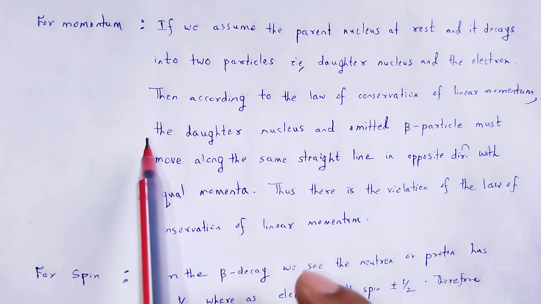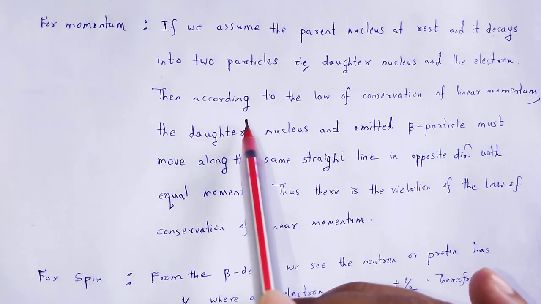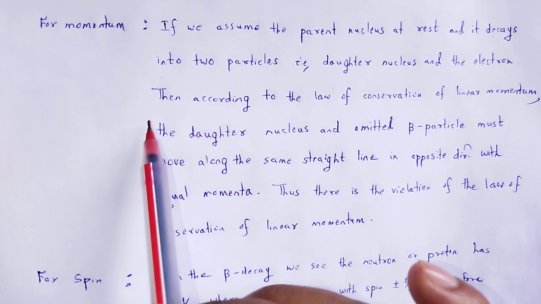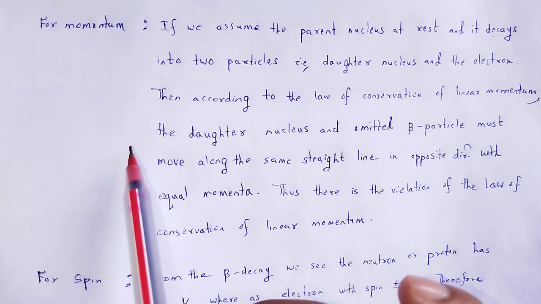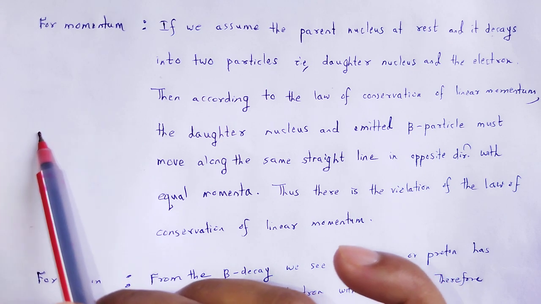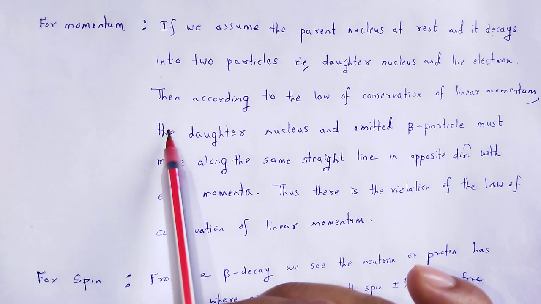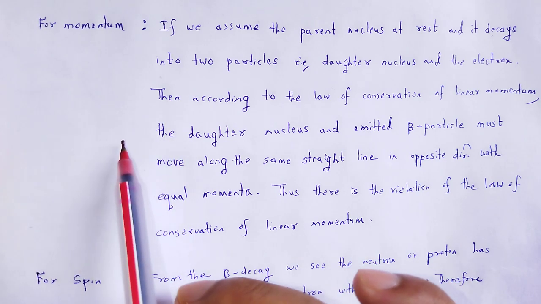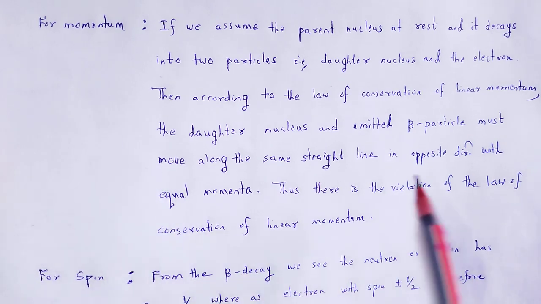If the direction of daughter nuclei is in this way, the emitted electron, that is the emitted beta particle, is opposite, and the magnitude of these two momenta are equal, but directions are opposite.